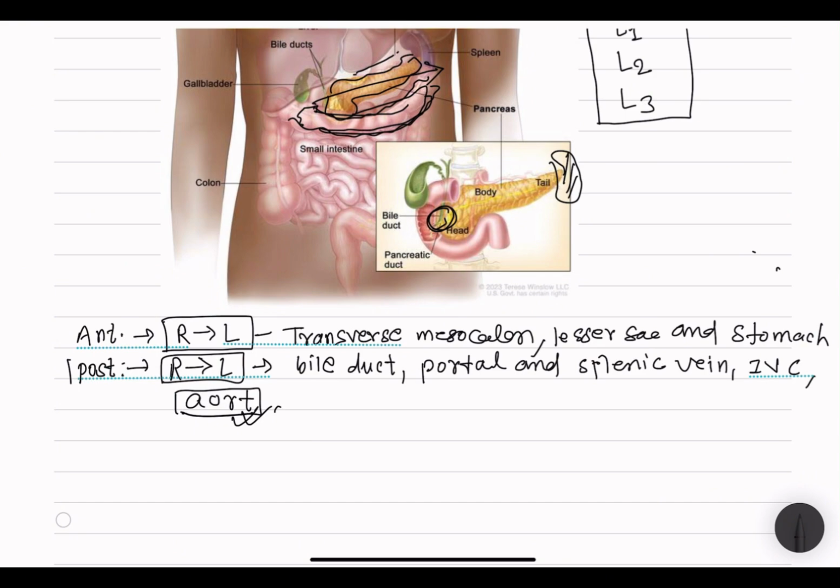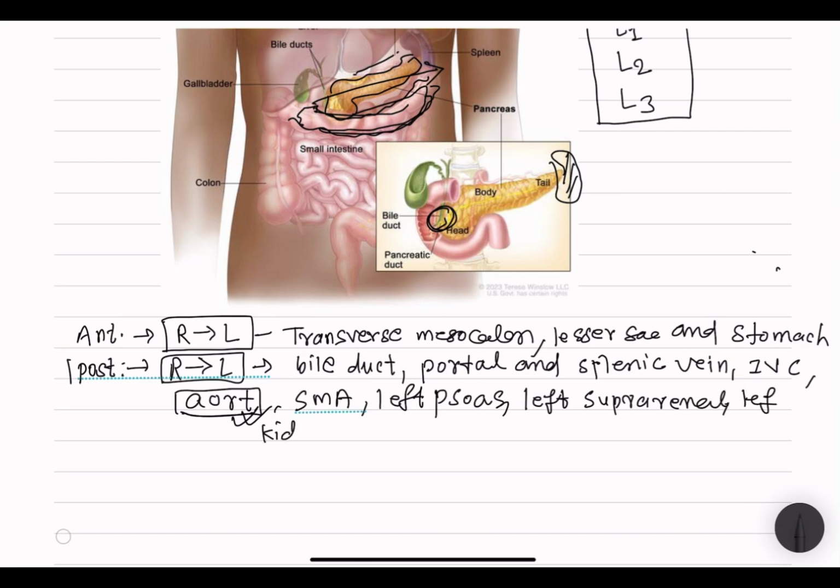Aorta, superior mesenteric artery, left psoas, left suprarenal, left kidney, and at the end we can find the spleen.